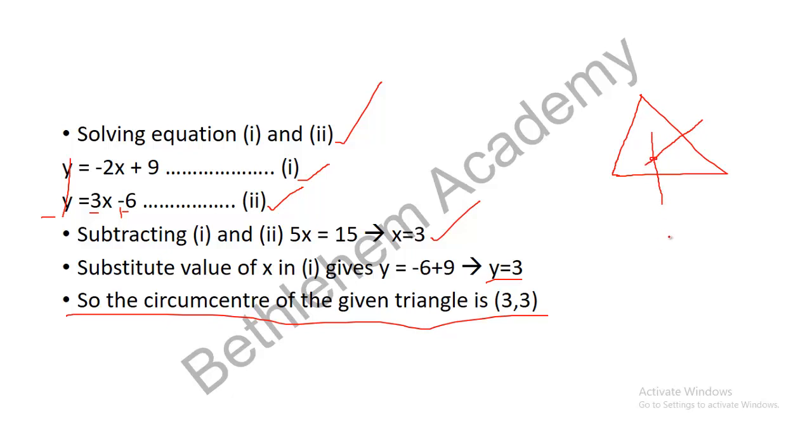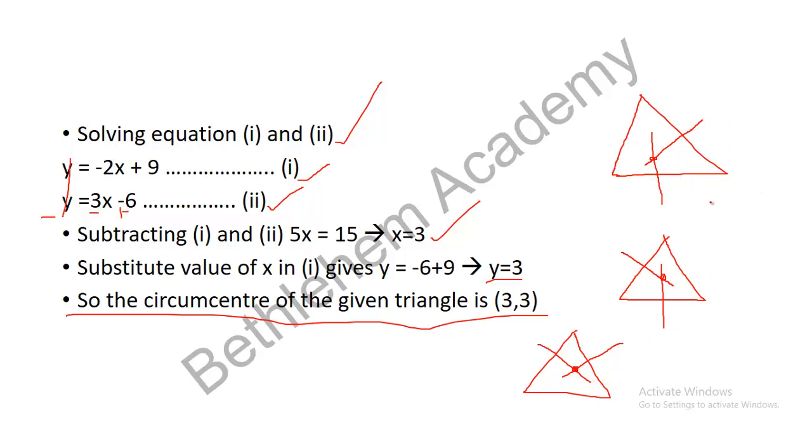Another way of going about it is you can calculate just the perpendicular bisector to AB and the perpendicular bisector to AC, and then the intersection of those two lines also would give me the same value. Or I can calculate the perpendicular bisector to BC and the perpendicular bisector to AC, and then calculate the intersection point. That also will give me the same circumcenter. So we can do any of these three, and they would result in the same value.